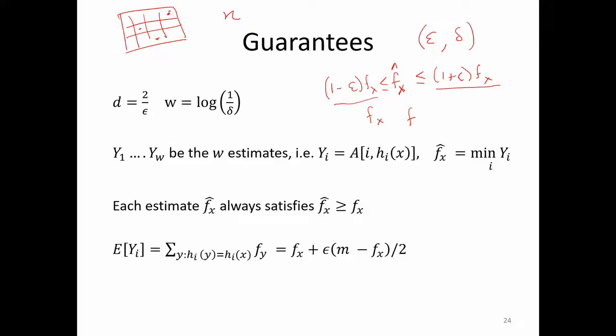So no doubt all arrivals of x are being counted. Only due to collision some extra arrivals may be counted, but for x all arrivals are counted. So this is something like the space saving guarantee, that you are never going to underestimate the frequency of x. So on the lower bound there is no epsilon actually.